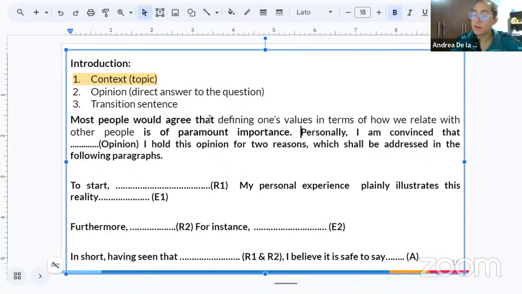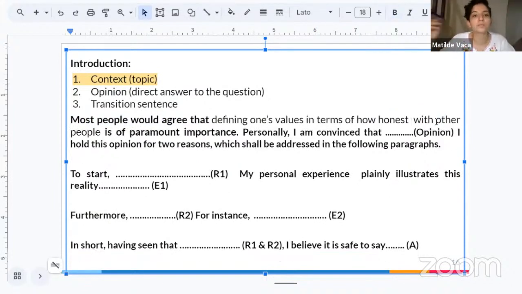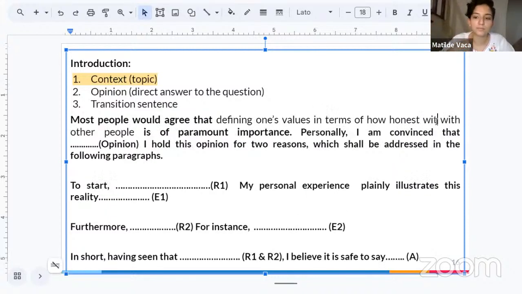I mean, I didn't quite get what you're asking. So are you saying if we could cut this part? No. I'm saying exchanging that part, instead of relationships, how honest we are with each other. So, going directly to the point, or do you suggest to keep it general, like relationships, in that kind of sense?